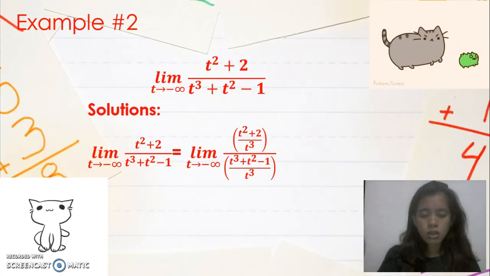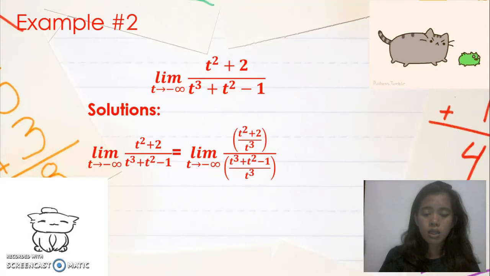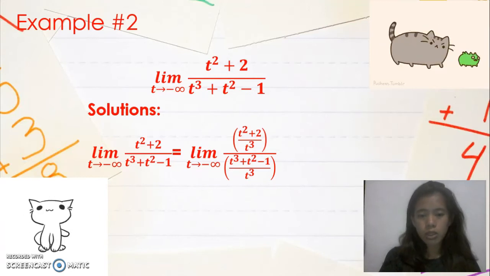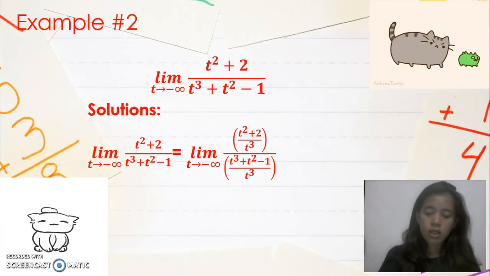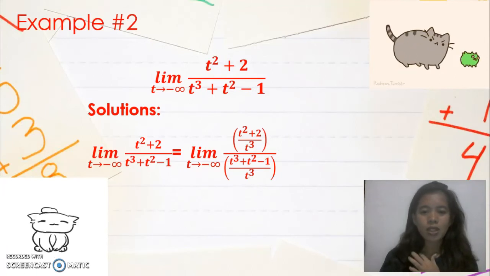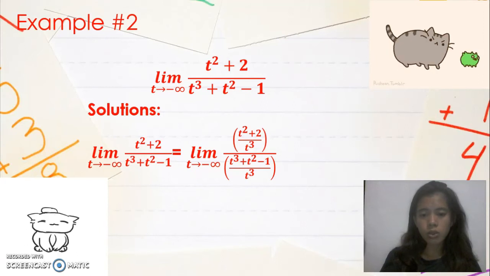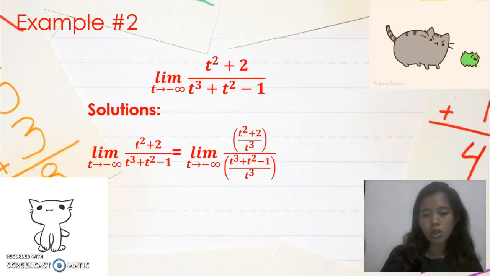The limit of (t squared plus 2 over t cubed) over (t cubed plus t squared minus 1 over t cubed).